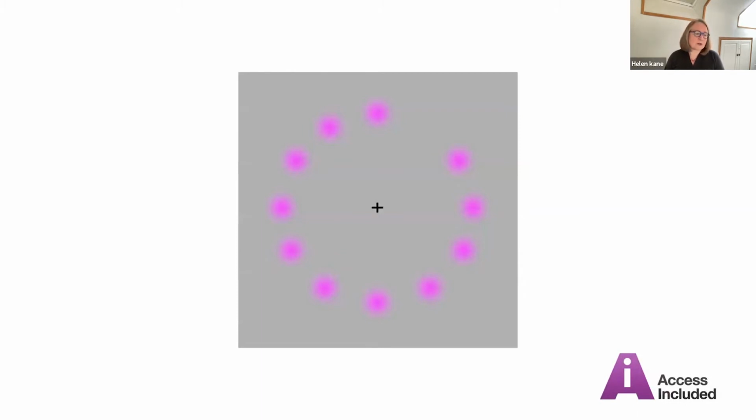And now we're going to do a little bit of a poll. And if I can ask for the poll to be prepared, what I'm going to ask you to do is focus on the black cross in the center of this image for 20 seconds and try not to look at the outside. And then in around 20 seconds, the poll questions will come up.